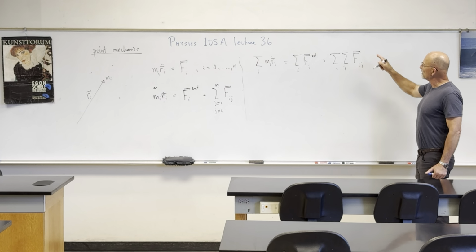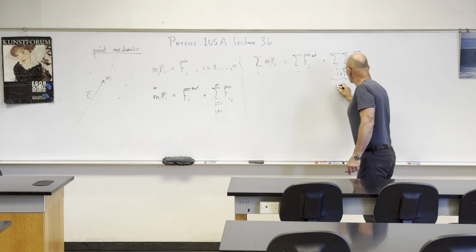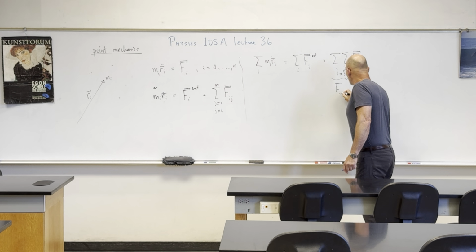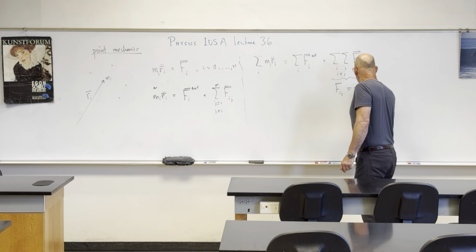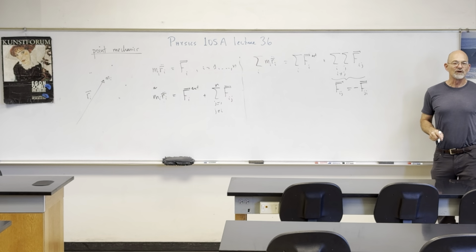So we've got this sum over all of these possibilities, and I'll write i not equal to j. And because of that, this double sum here can be broken down into pairs. And this statement, ij and ji, just expresses Newton's third law.